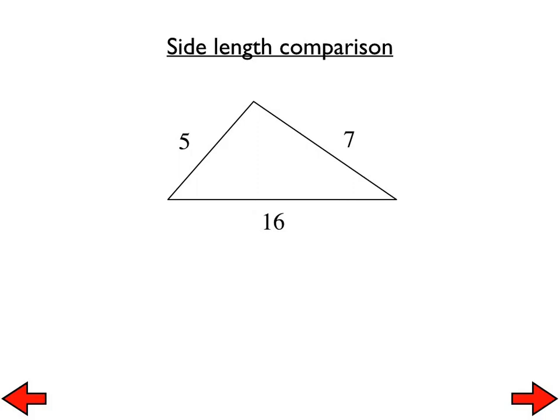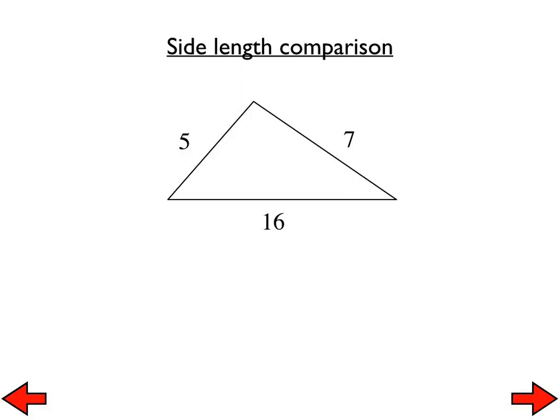And then let's now do the flip of this. If the shortest side is opposite the smallest angle, and the longest side is opposite the biggest angle, well, that would also mean that the biggest angle is opposite the longest side. That should make sense to you.